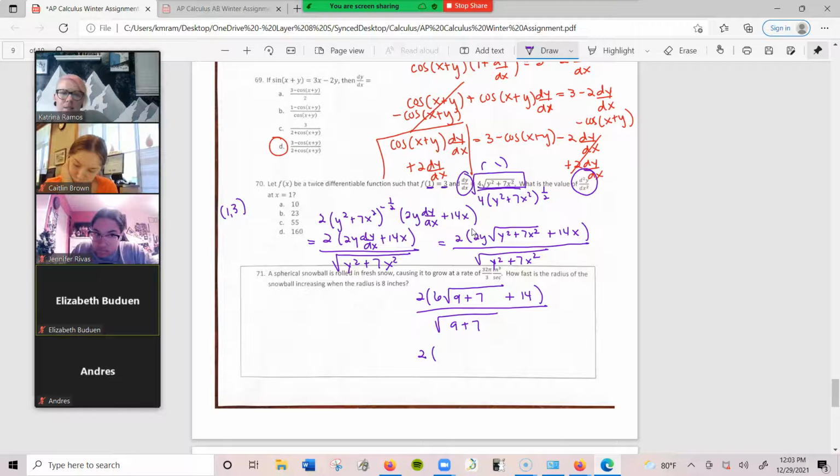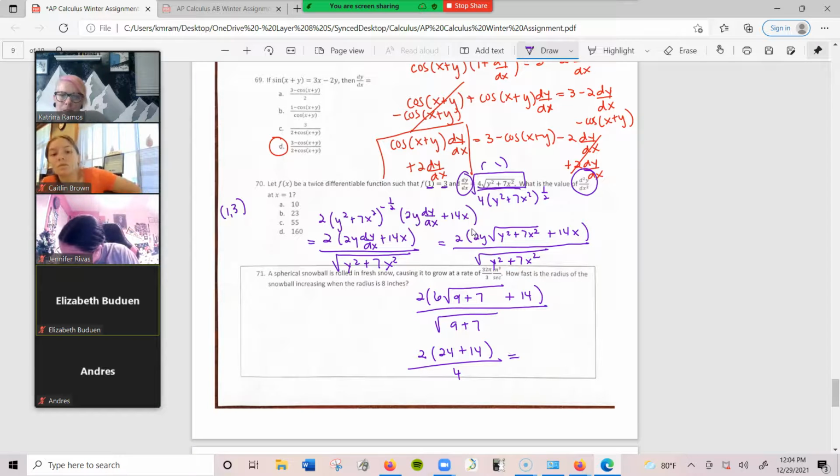Okay. So 2 times. Now this is the square root of 16, right? So the square root of 16 is 4, right? And then 4 times 6 here is 24 plus 14 all over once more square root of 16, so 4. Is that okay?